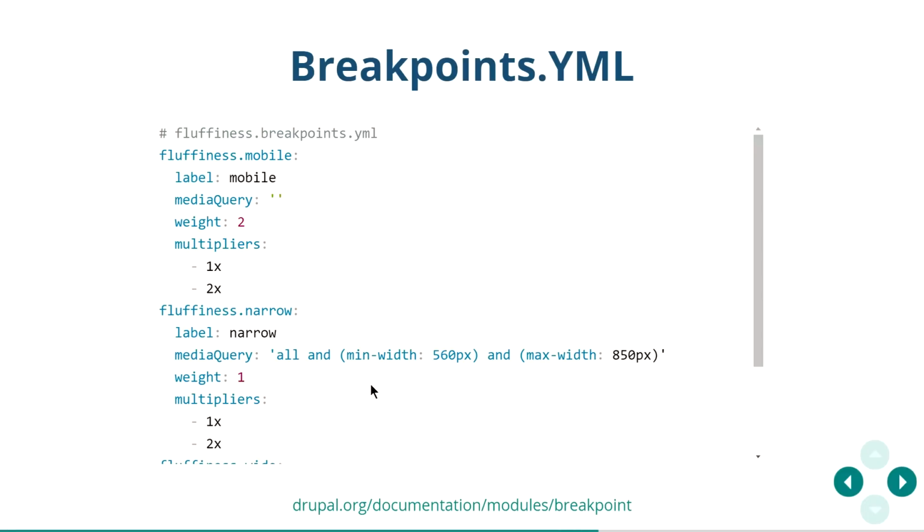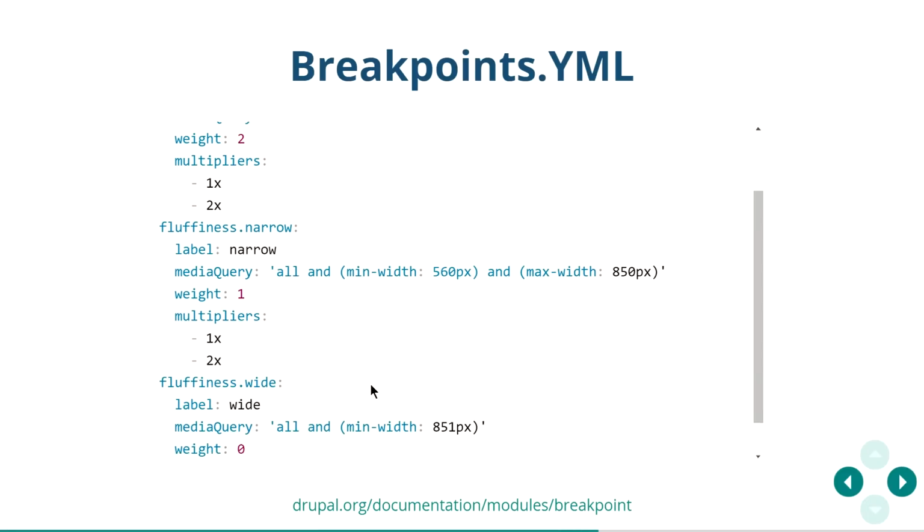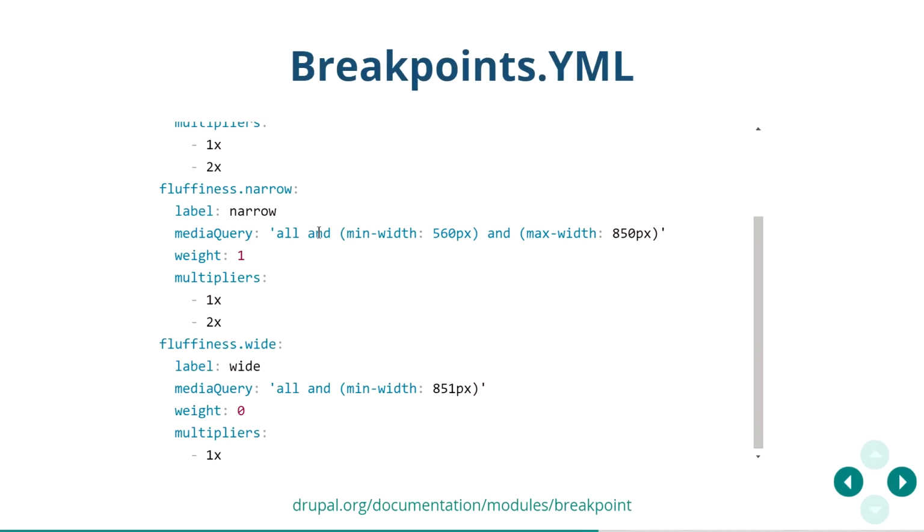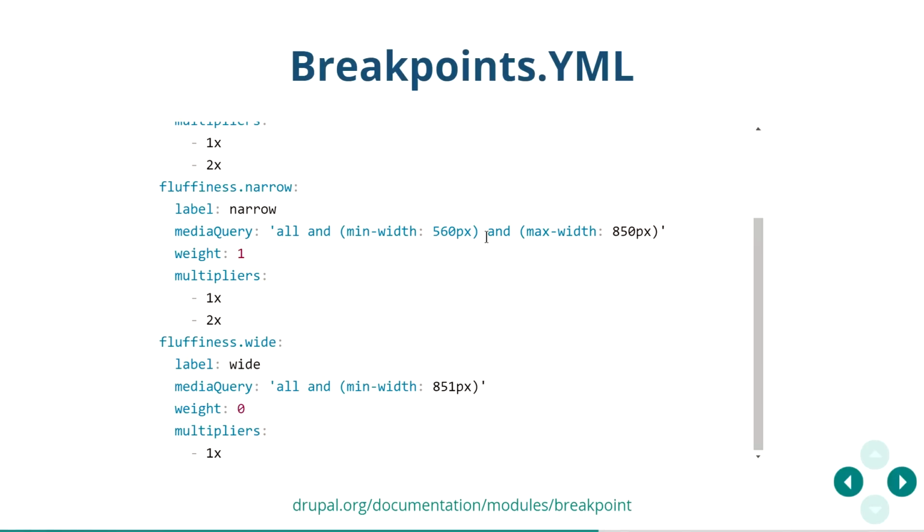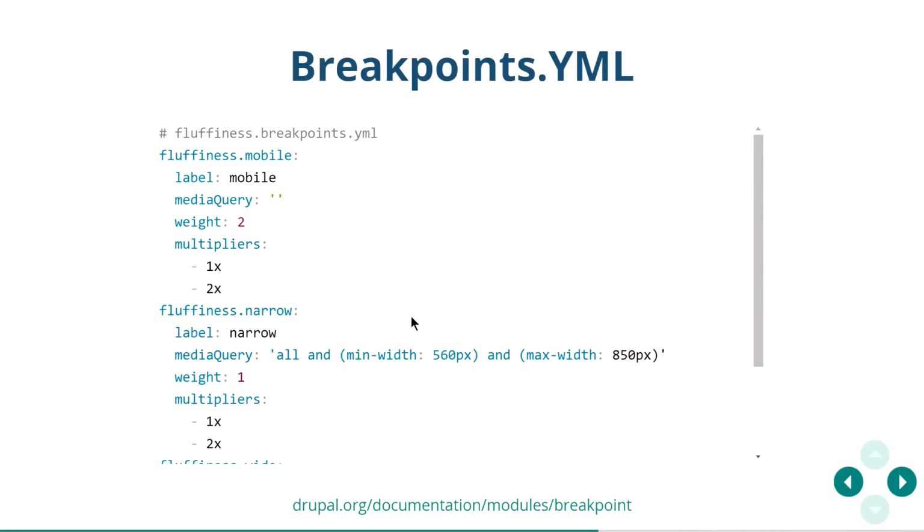And then narrow could be media query, all meaning print or screen, and a min-width of 560, and so on and so forth. So we're doing mobile first here, which is awesome. And then wide is another one. Those will load correctly how you want, and then you can use that in your responsive image styles to make sure things load when you want them to.